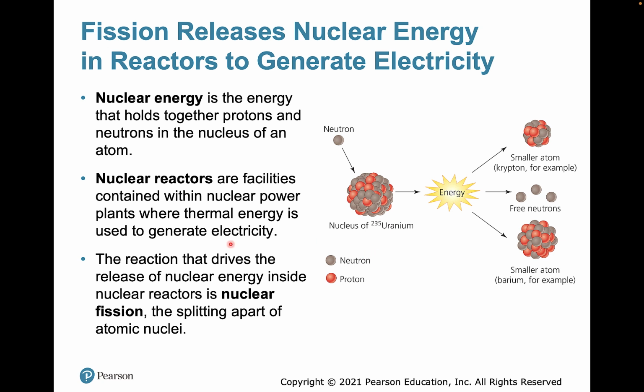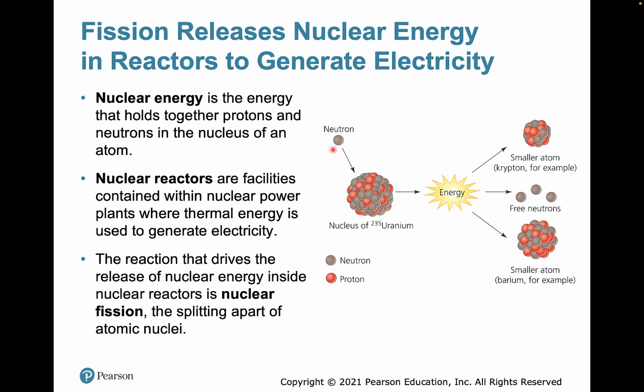So a nuclear reactor is where the actual reaction takes place, this reaction that we're going to talk about. That reaction is a fission reaction, okay? So what happens in a fission reaction, you have these radioactive isotopes, which we're going to talk about in a minute. Uranium is one of those.